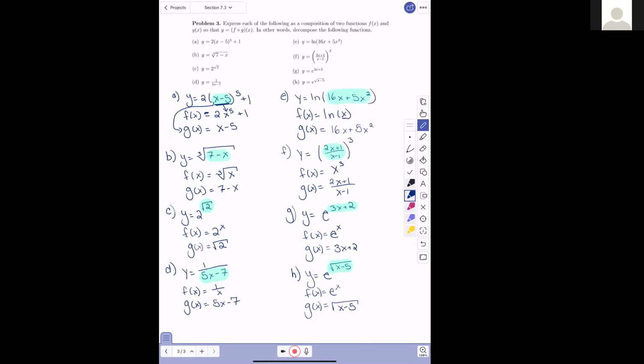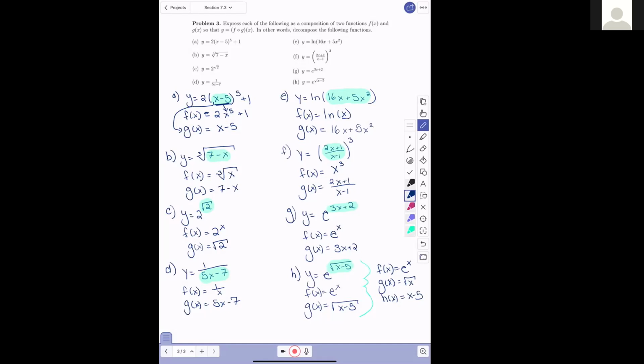This one you might have thought to be a little tricky because, you know, this g of x is a nested function in and of itself, right? We could go even further. We're not asked to do this, so I'm not going to grade this portion, but just for the sake of showing you, we could say that for this one, we have f of x equals e to the power x, g of x is equal to the square root of x, and h of x is equal to x minus 5.